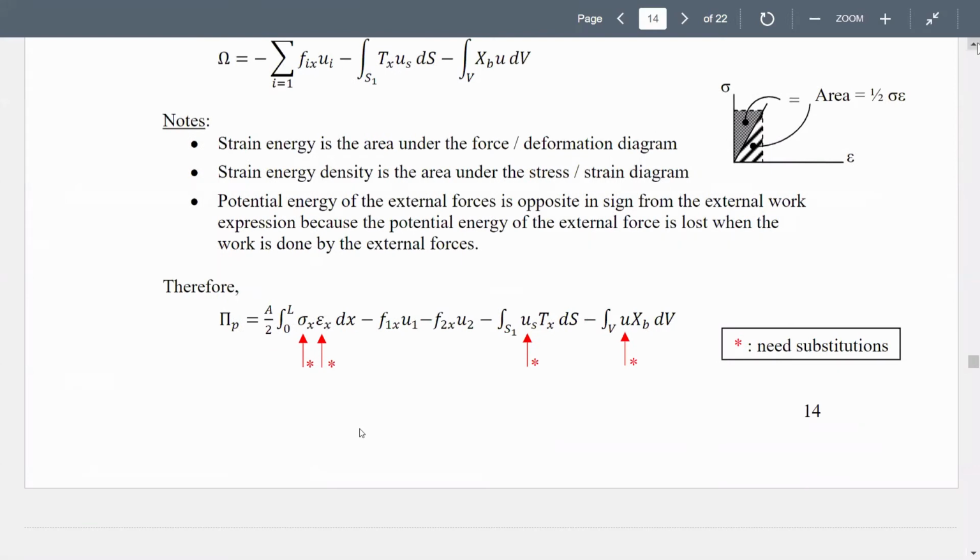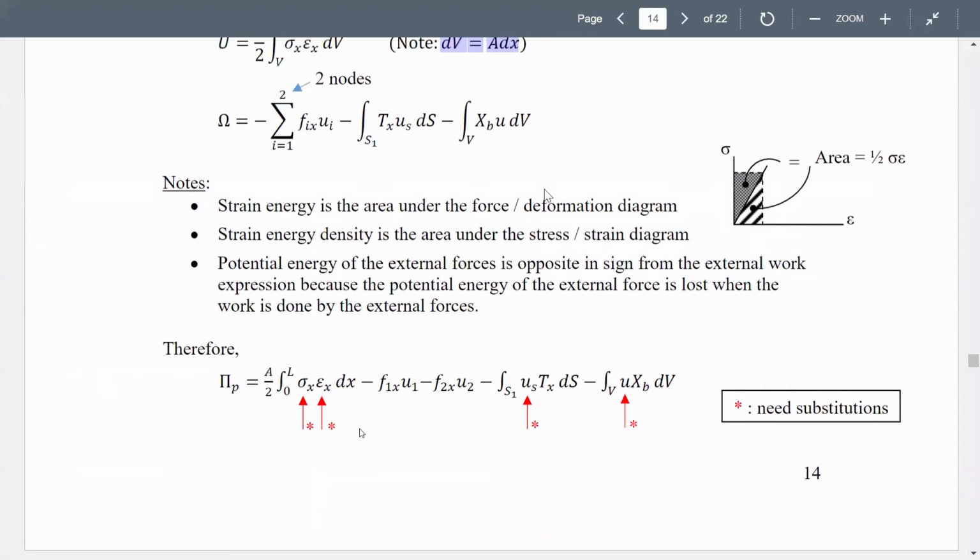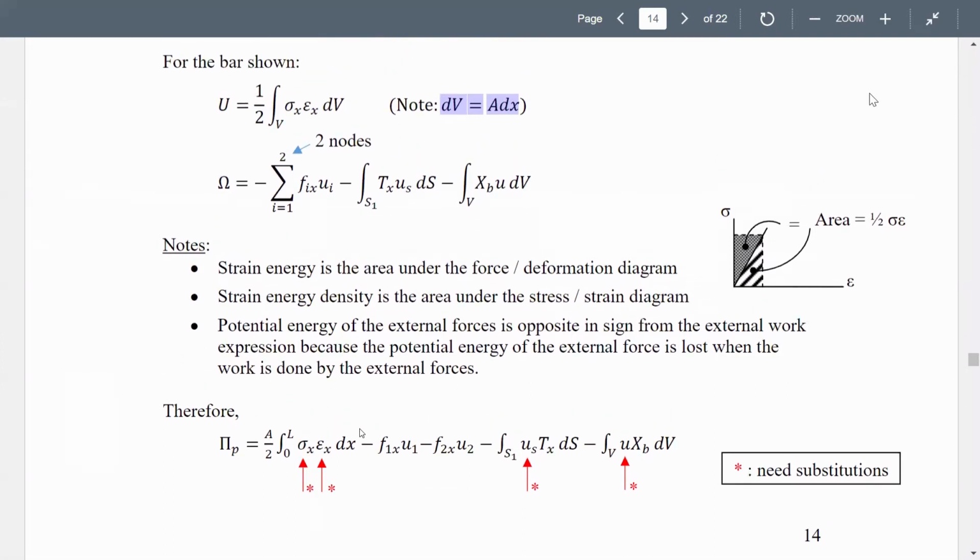If we do this, we find this to be A over 2, and then sigma epsilon, stress times strain, times dx, minus this one, F1x U1, F2x U2. This is force times displacement at nodes. This one is traction times this one. I just brought this U here, so this is just the same formula. I didn't make any changes. It's just that U is brought to the front. And the same goes for this one. It's just that U is here.